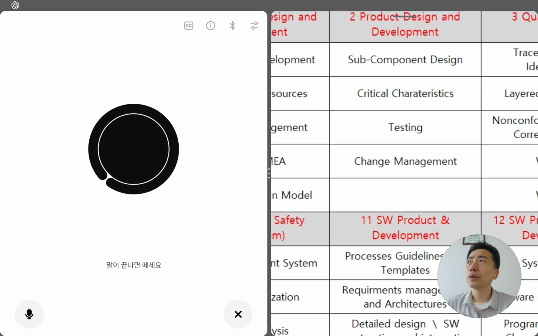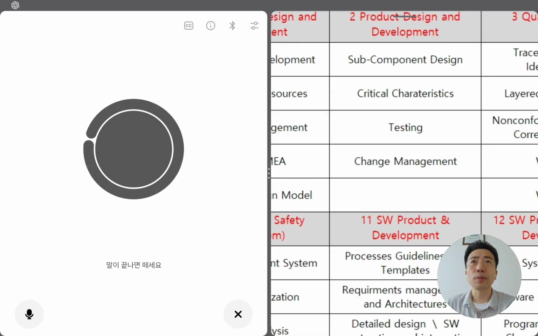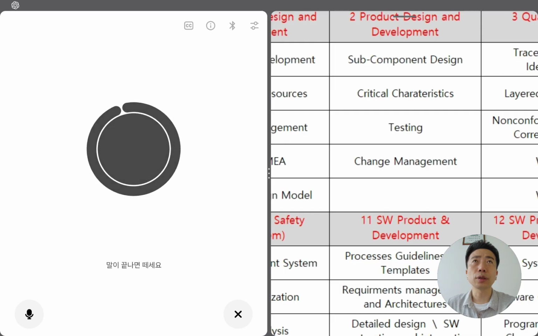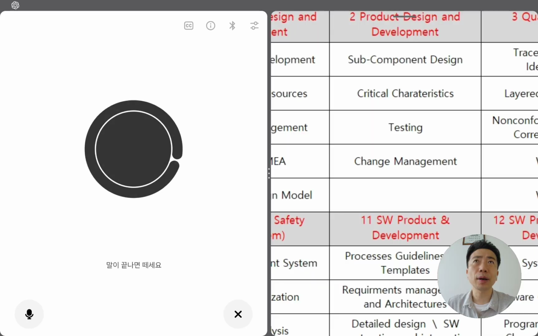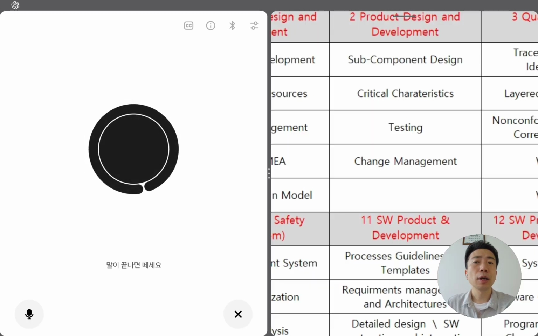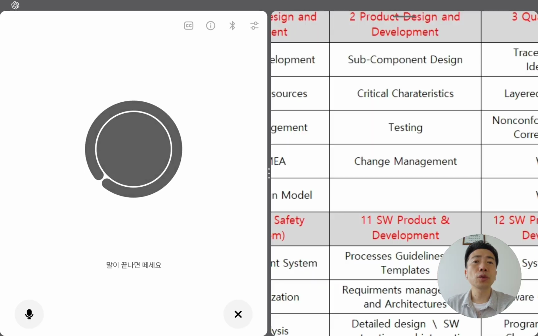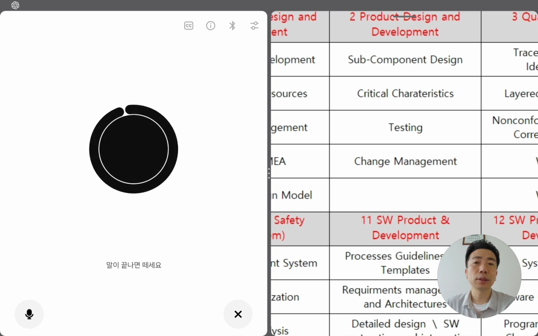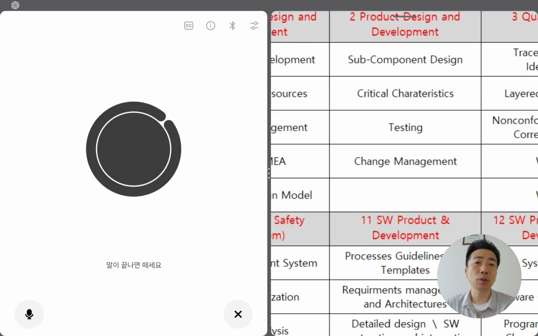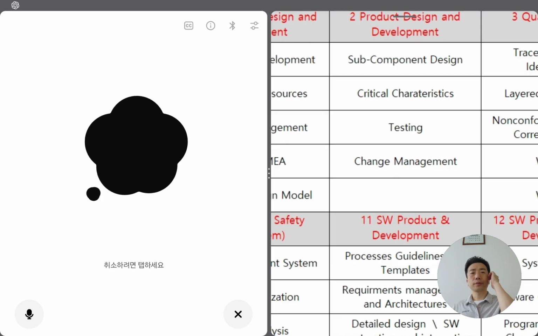So we have to manage and control the suppliers and the design step, development step. We don't need to design subcomponents for the EMS project. Do you understand?